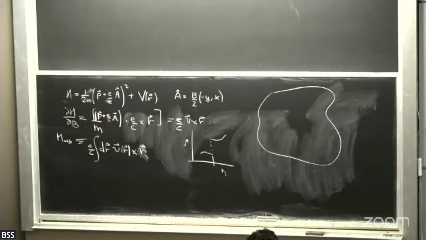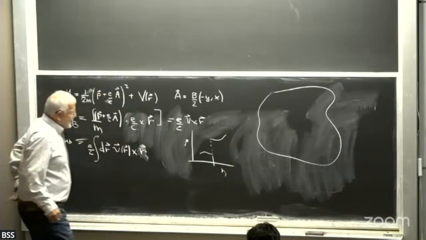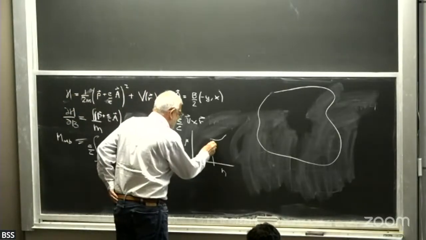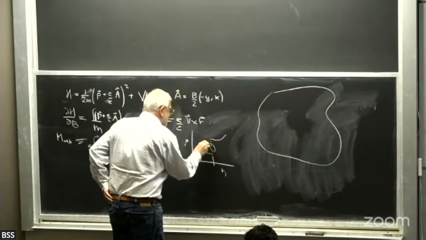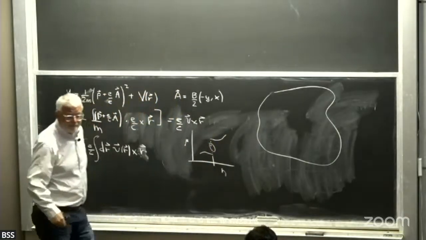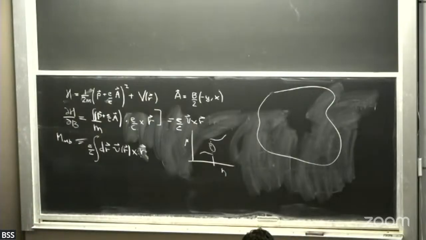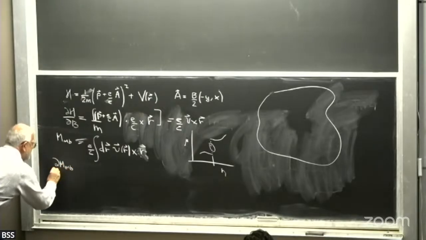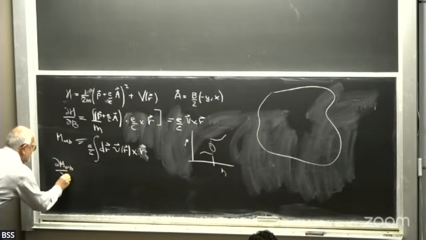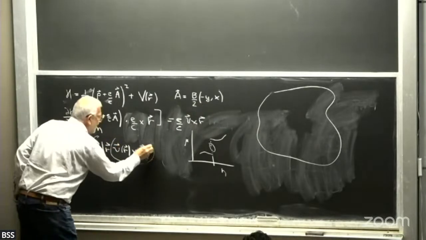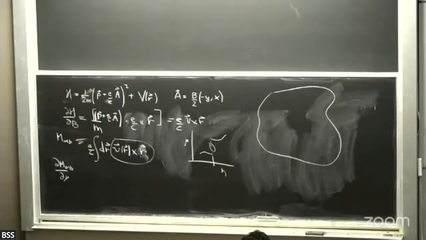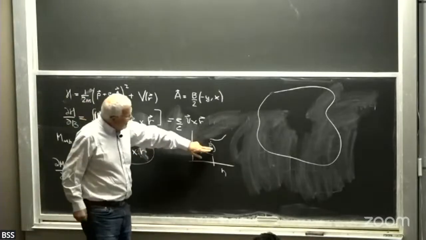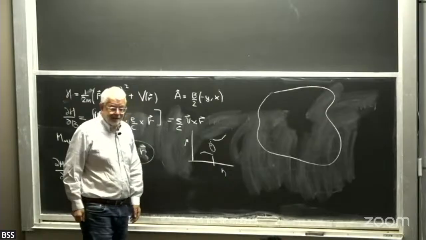That's what makes it an insulator. I'm interested in changing, in this finite system, the chemical potential inside this gap. If I do that, the only place that this local quantity that I'm integrating over position can change is at the edge of the system.